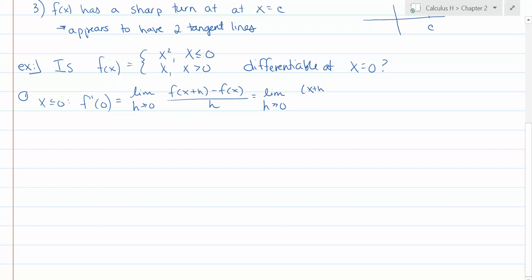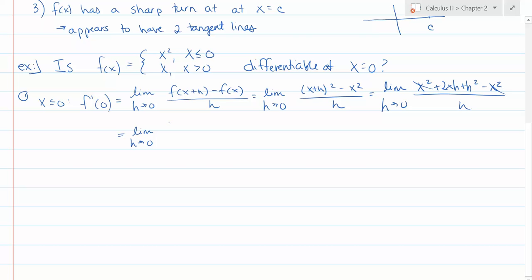So x plus h squared minus x squared all over h. Use FOIL. Cross off the x squared terms, and then we're able to factor out an h. So our derivative is 2x, but we want it at 0. So it looks like it would be 0 for our slope.